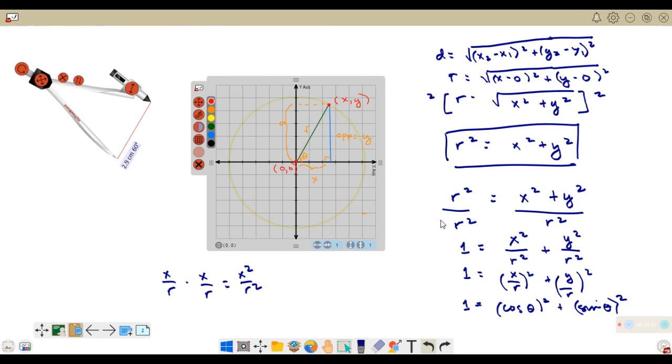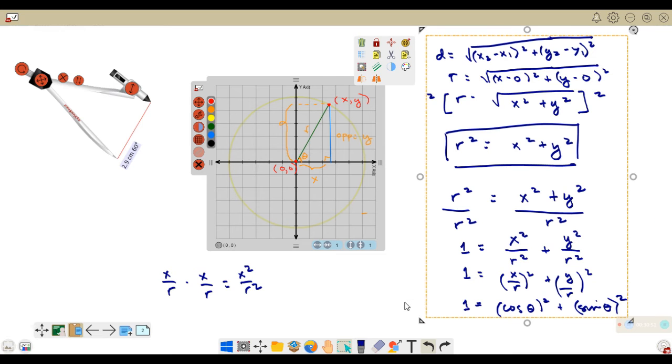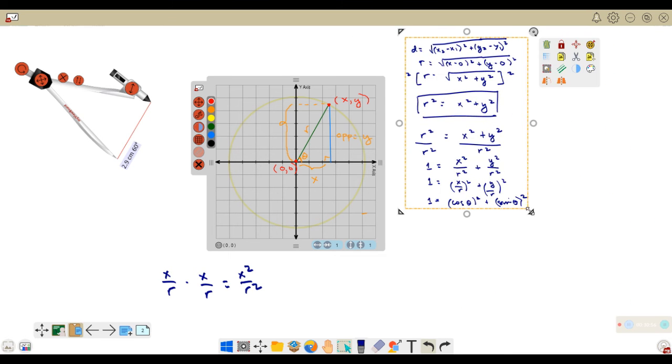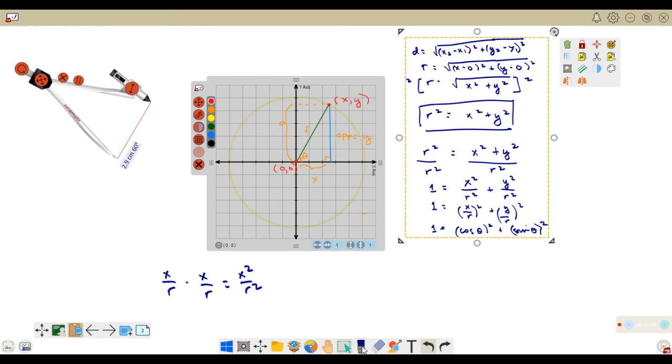So, pagka nagsusulat tayo ng squared na trigonometric functions, ganito natin siya sinusulat. Papaliitin ko lang tong part na to para may space tayo. Yan. Basa pa, di ba? Basa pa yan.